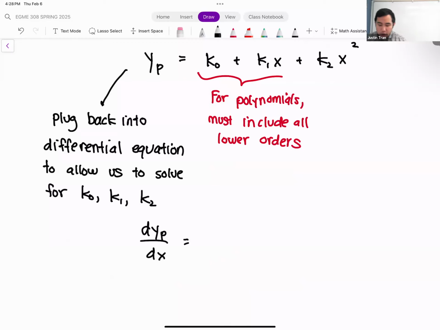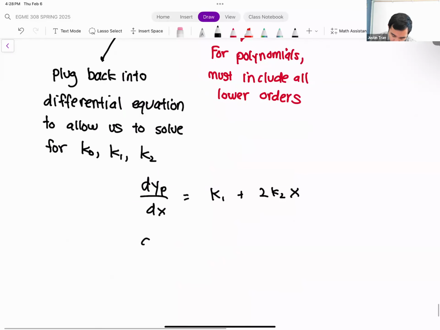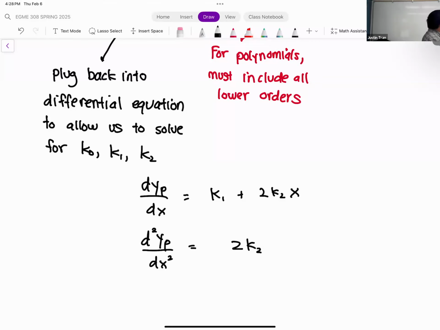We're just going to take the derivative of our functional form above. Taking the first order derivative, we get k1 plus 2k2x. And then d squared yp dx squared is equal to 2k2, so we're just taking the derivative one more time.